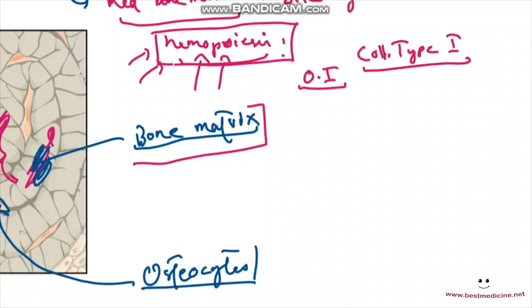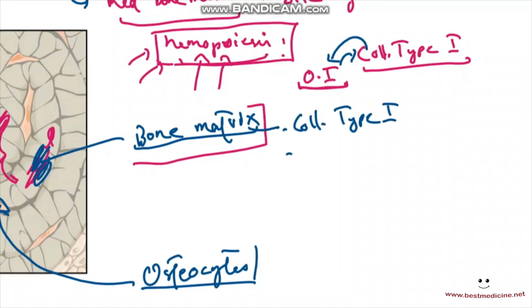Osteogenesis imperfecta basically translates as abnormal or imperfect bone formation. Osteo, bone, genesis, formation, imperfecta, imperfect bone formation, abnormal bone formation results because of mutation in collagen type 1. So, which collagen is present inside the bone matrix? That should be clear by now. It is collagen type 1.